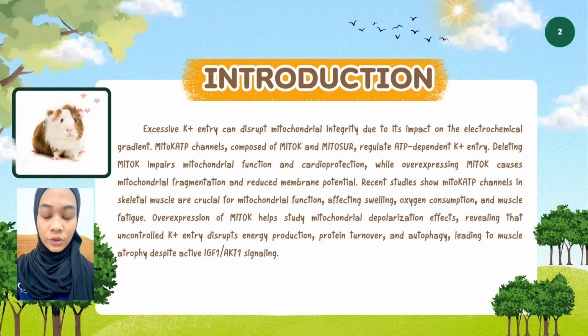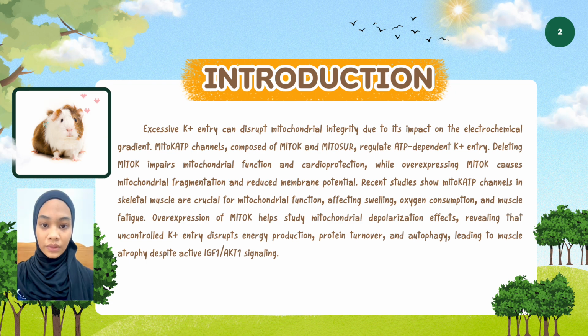Introduction. Excessive potassium entry can disrupt mitochondrial integrity due to its impact on the electrochemical gradient. The mitochondrial KATP channel is composed of pore-forming and regulatory subunits that regulate ATP-dependent potassium entry.